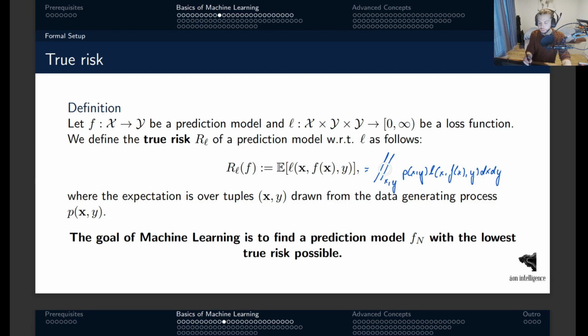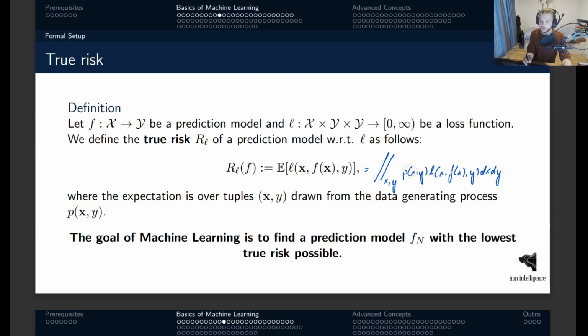So this is a mouthful. This is a lot, but what it basically is, is just the weighted average. This is the weight, the probability of two values occurring together, of the loss that is associated with that combination, given the model that you specify. Now, the expectation is over tuples x, y, drawn from the data generating process pxy.